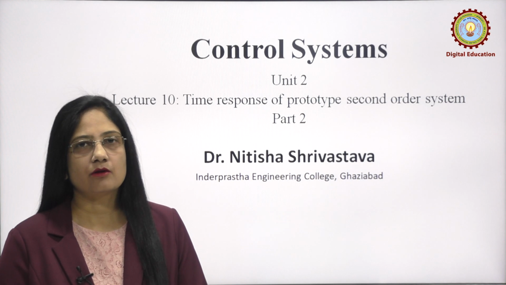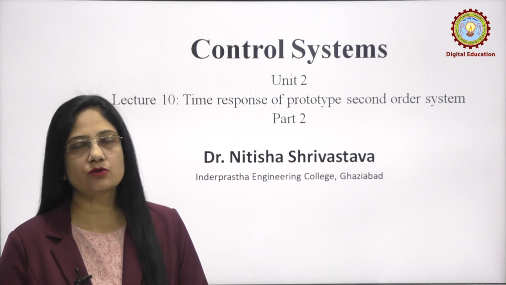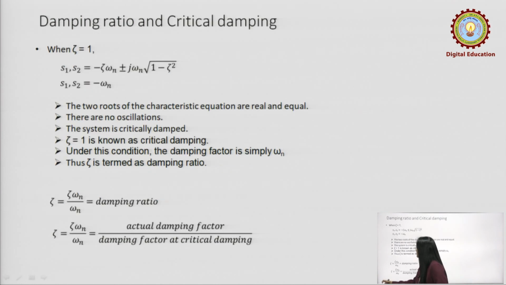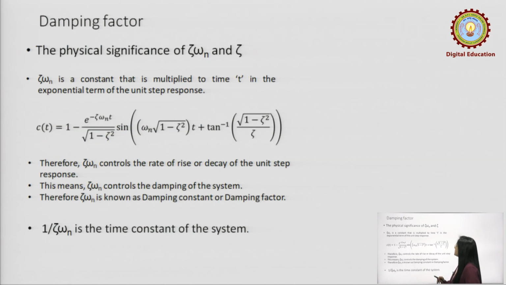So, we will understand how the damping ratio affects the location of the roots and in turn affects the stability of the system. We are going to understand the physical significance of zeta omega n and the damping ratio zeta.